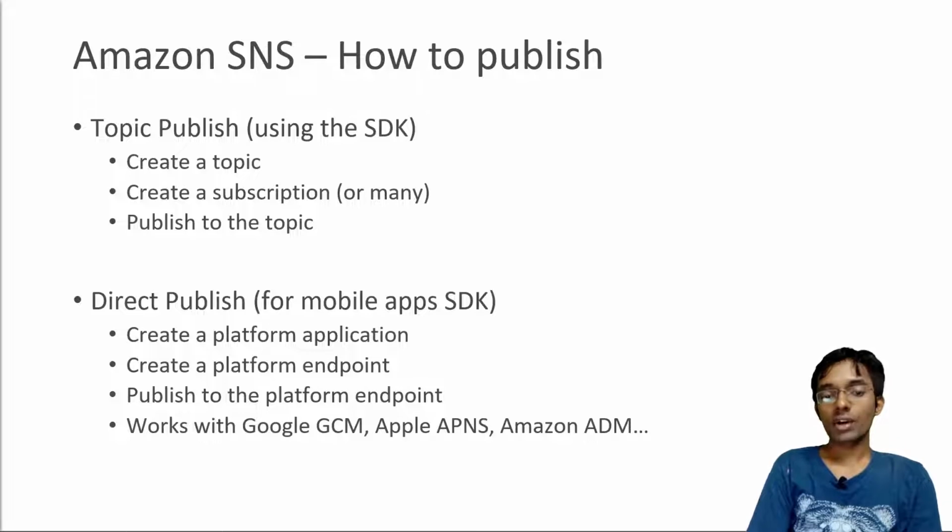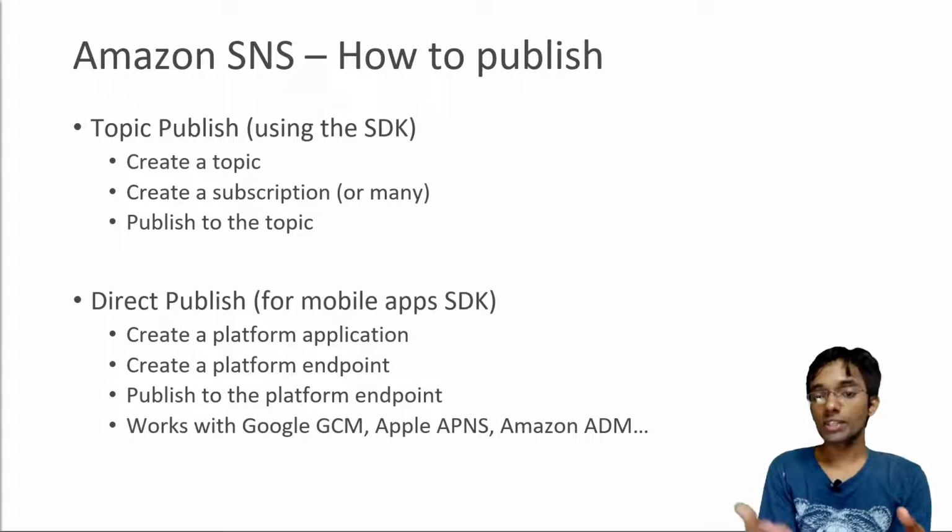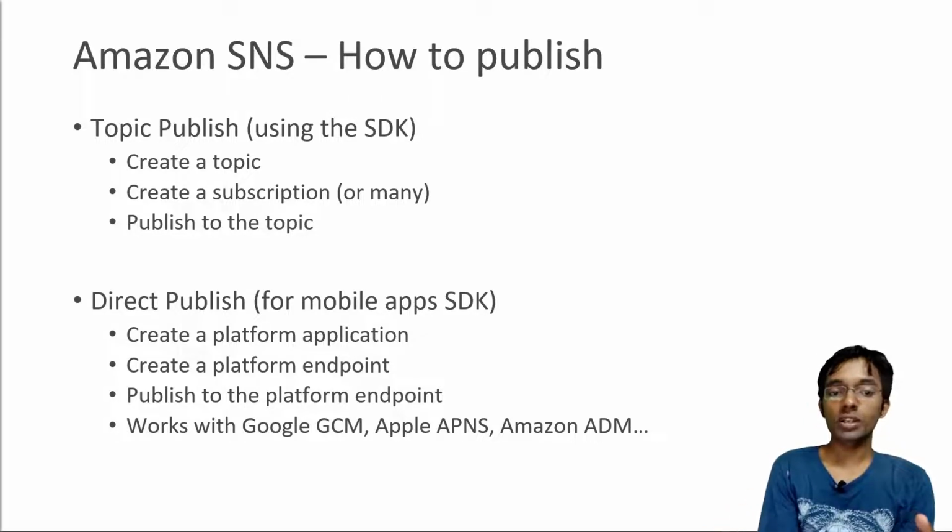Now, how does SNS work? To publish a message into SNS, you use the topic publish SDK. You create a topic, then you create one or many subscriptions, you publish to the SNS topic, and that's it. All the subscribers will automatically receive that message.